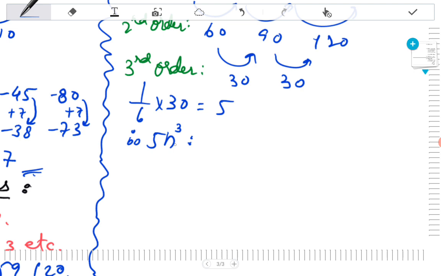If you set n as 1, 1 cube is 1, 1 multiplied by 5 is 5. That is the first term of the established first part of the formula, 5n cube.